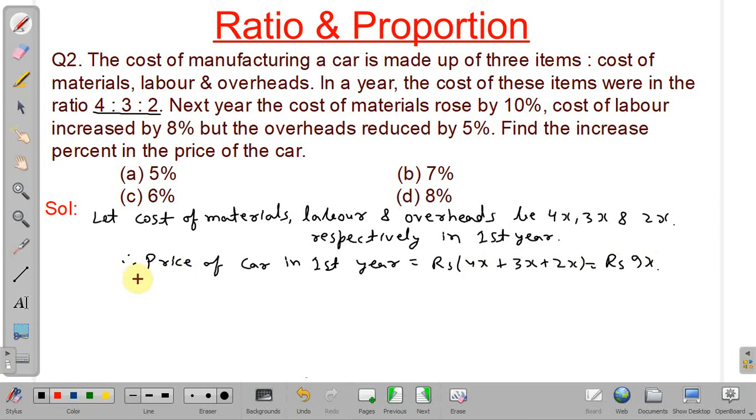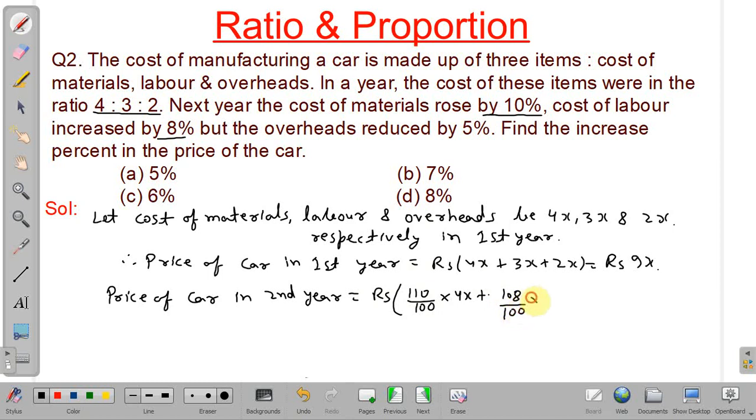Okay. And the price of the car in the second year: as the price of material is increasing by 10%, labor is increasing by 8%, and overhead is reducing by 5%, we can calculate the price of the car. It will be equal to, as material cost is increasing by 10%, so 110 by 100 into the initial cost 4x, plus labor cost is increasing by 8%, and the initial cost is 3x, so 108 by 100 into 3x, plus overhead is reducing by 5%, so it will be 95% only, 95 by 100 into 2x.